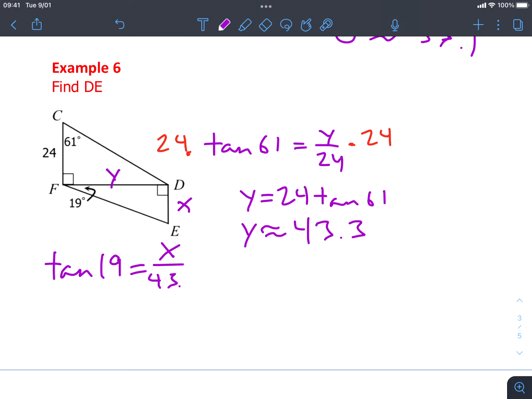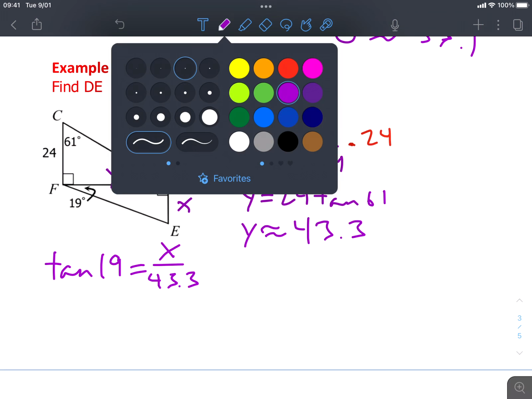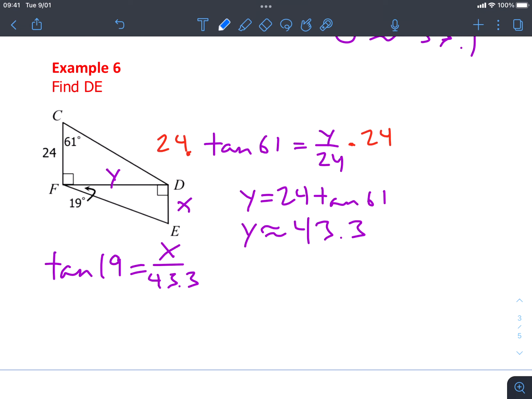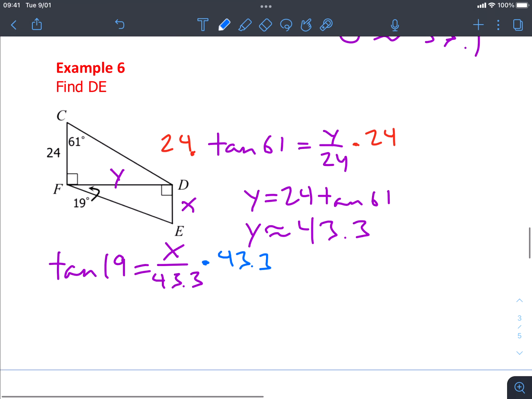The cool thing is we can solve it just like we did the previous one. We're going to multiply by 43.3 on both sides.